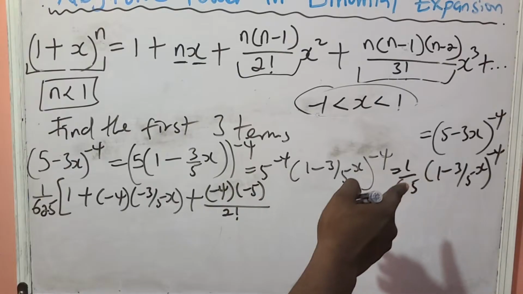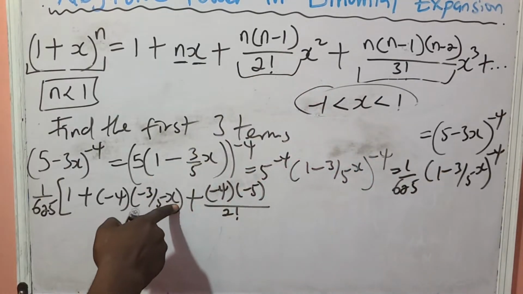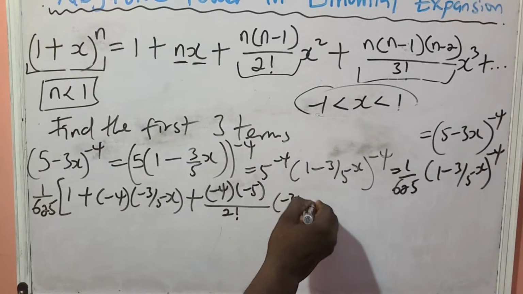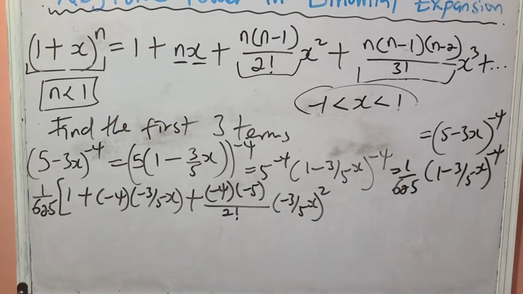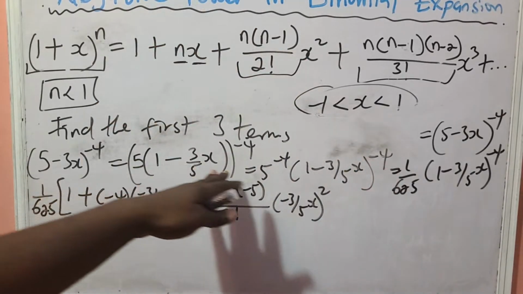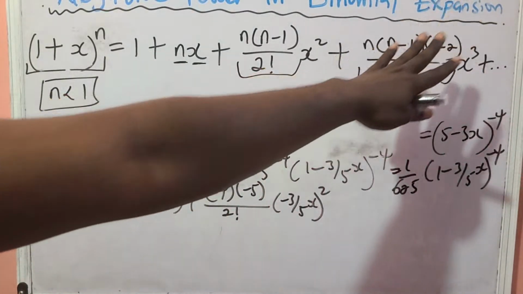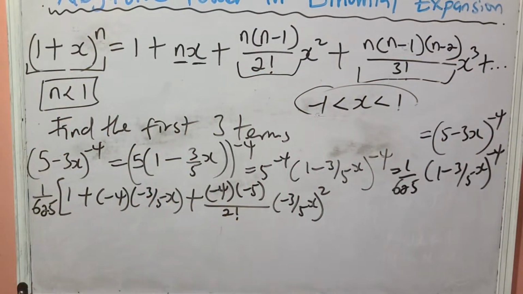Then we have our x, now not just x, don't forget, it's minus 3/5x. We're going to have minus 3/5x, all squared. Now, in this case, we're only interested in the first 3 terms, so we're not going to be using the last one. We're going to be stopping here.